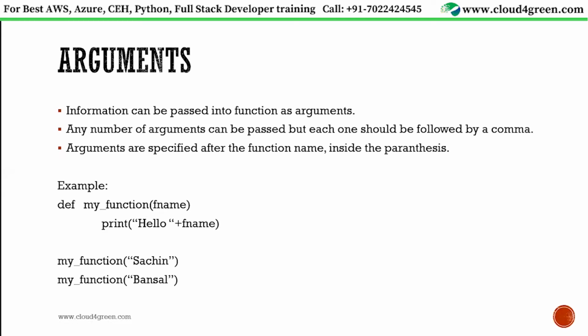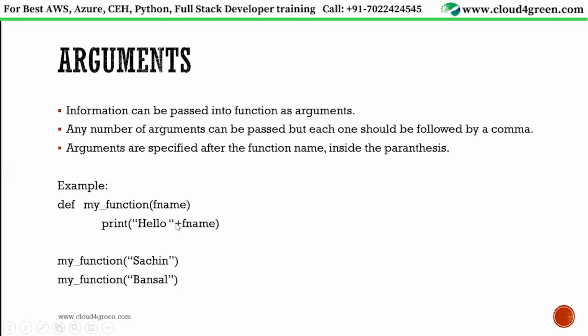There is only one argument here, but it can be any number of arguments. How do I specify the different arguments? Separate them with a comma. So suppose there was an argument after f name, you will put a comma and specify the name of that argument. Again a comma, specify the next name, and so on.